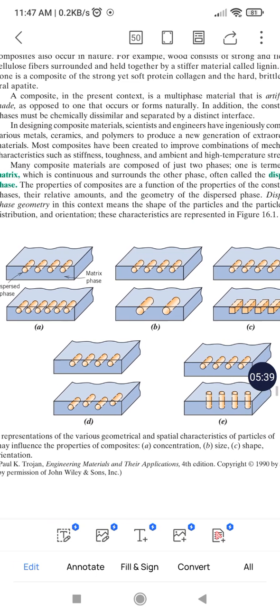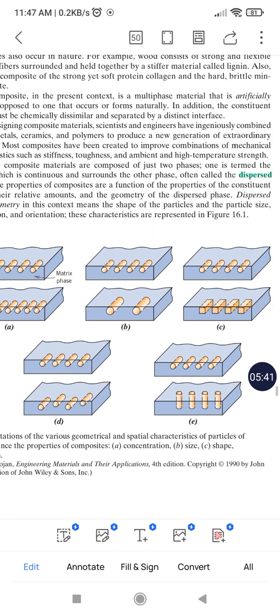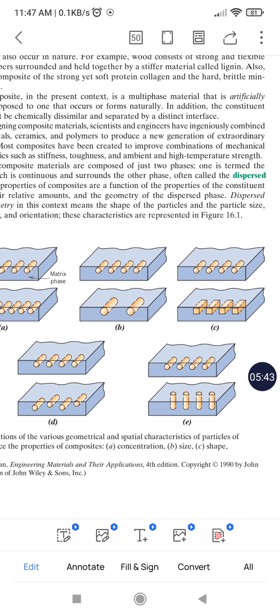When you go to picture B, you can see the size of the dispersed phase is different. In the lower region, its size is bigger, and the concentration is also lower there. But here the main difference is the size of the dispersed phase.